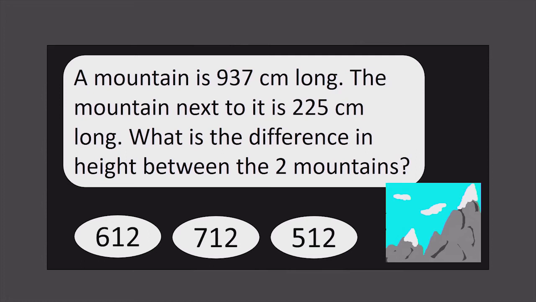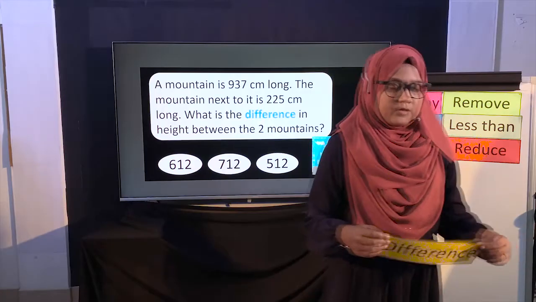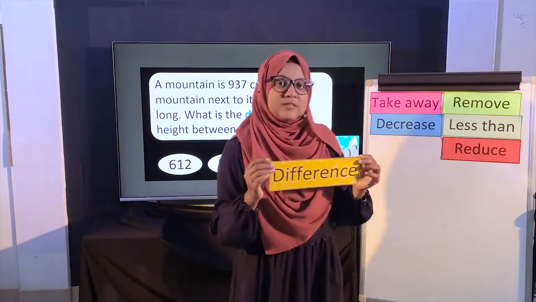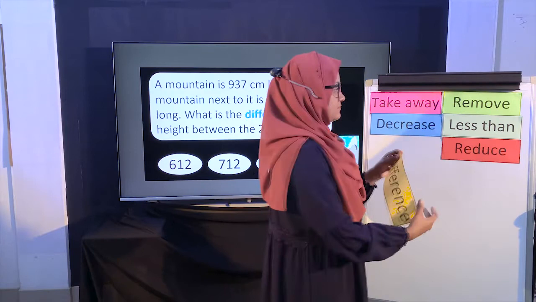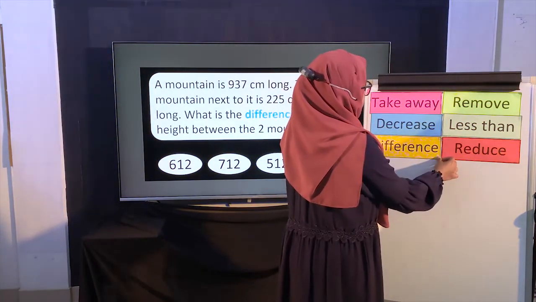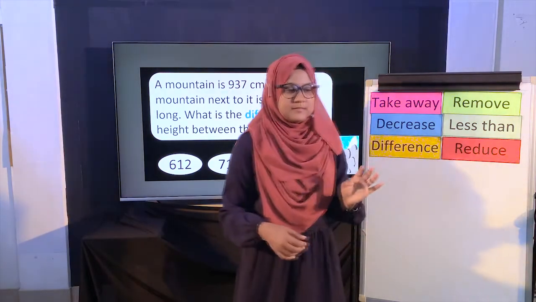What is the difference in height between the two mountains? So what do you think the word is? Yes, it is difference. So difference is another vocabulary related to subtraction. So we will paste it in our vocabulary list.